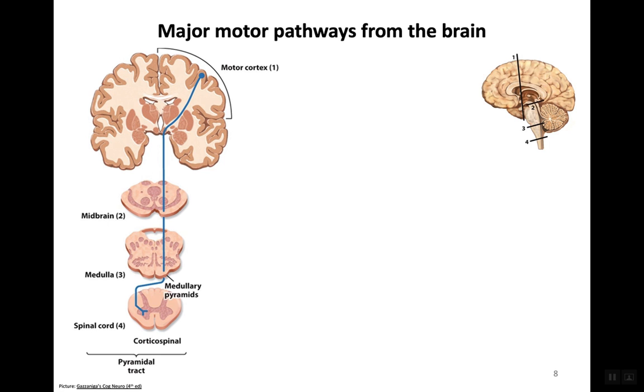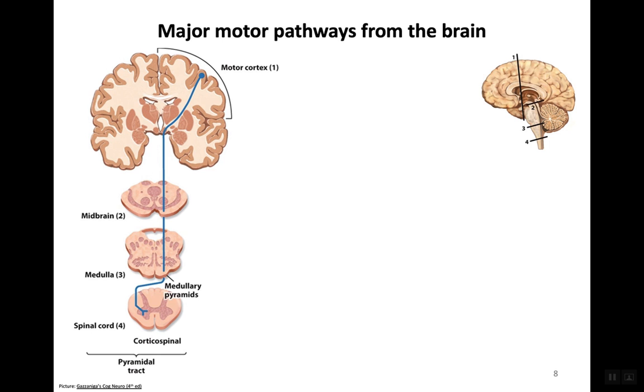Now, the main tract bundle of axons responsible for this is called the corticospinal tract, which is part of the pyramidal tract, and it bears that name because of its pyramidal shape when it passes through the midbrain.